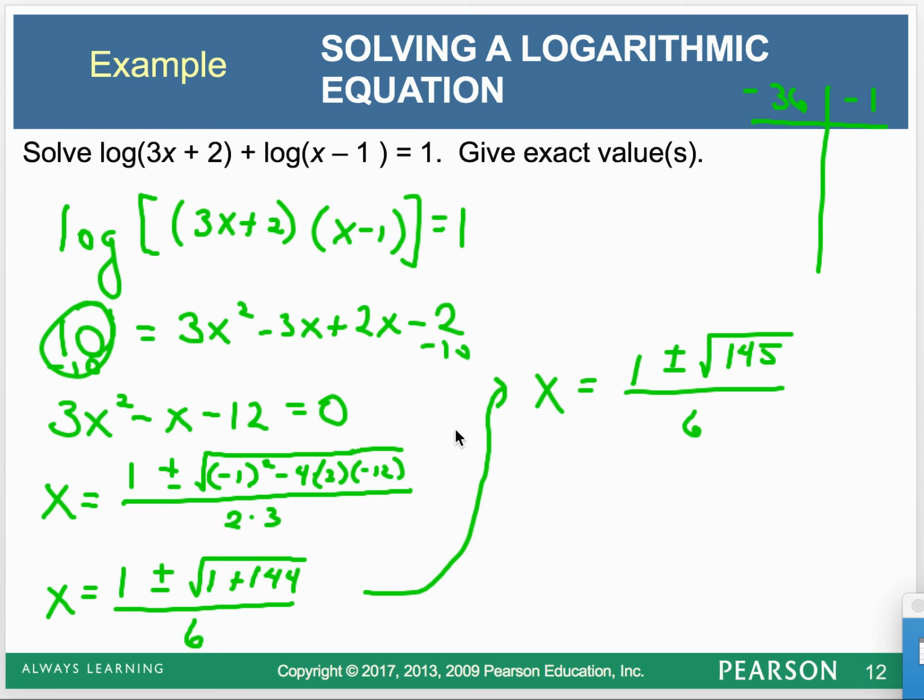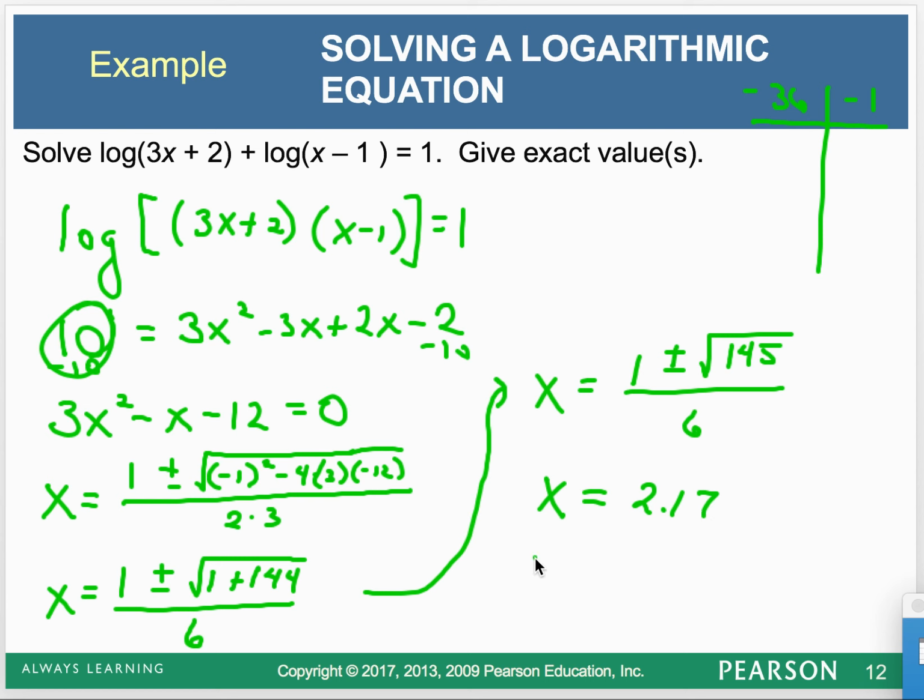All right. So with the plus, we've got basically 2.17, and with the minus, we've got negative 1.8.